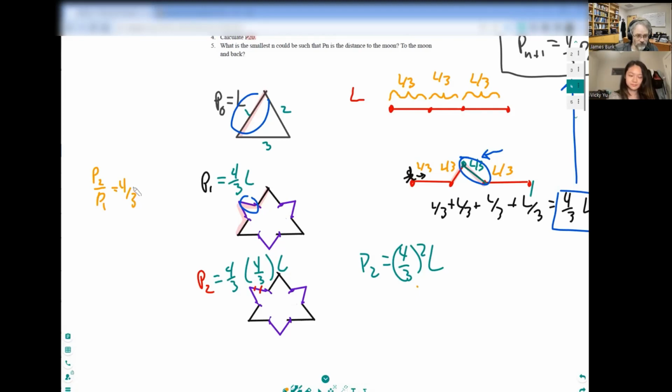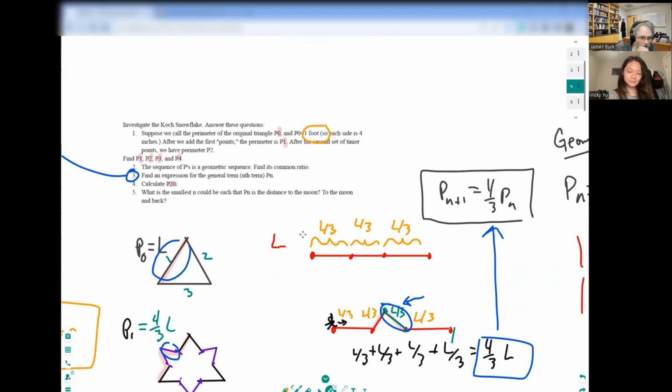You get 4/3, and that's your common ratio. That tells you how things are growing. As you go from one iteration to the next, it grows by 4/3 of the previous value. Good. Okay, what else do you have? Did you have another question about these 5?